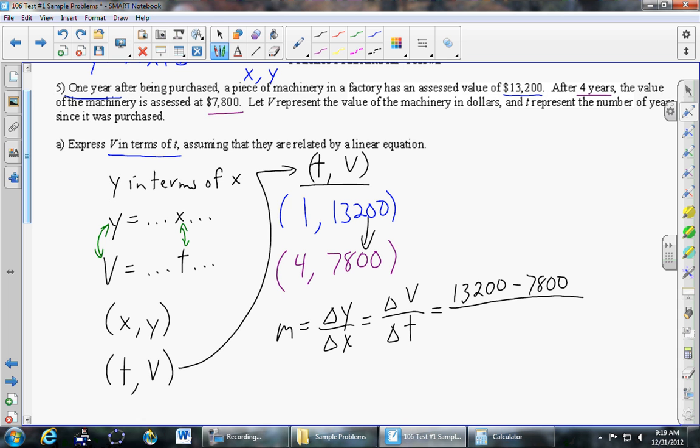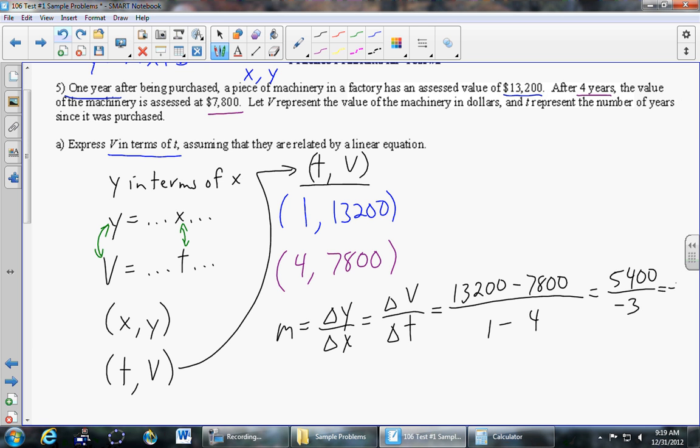I did 13,200 minus 7,800. I must do 1 minus 4 downstairs. Okay, we subtract these numbers here. That's a 5,400 up on top, negative 3 on the bottom. And it happens that that goes in evenly. That's equal to negative 1,800.